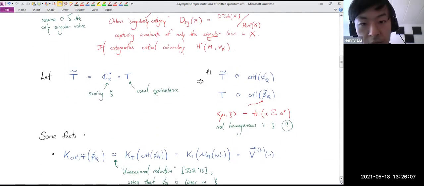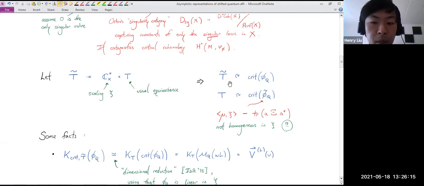And so we have a larger torus, t tilde, acting on the critical locus of the original function. But it's important to keep in mind that the perturbation which we do to the original function is not of the same weight in Xi as the original function.